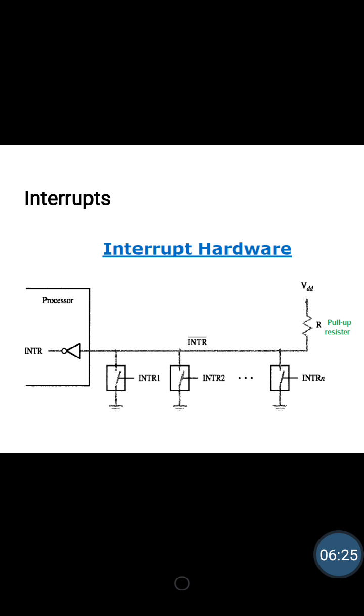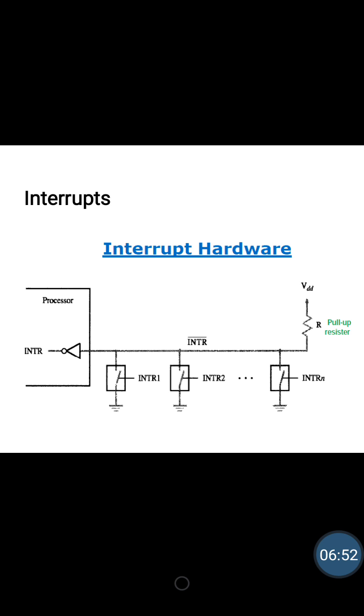Assume we have 10 devices, D1 till D10. All these devices are connected to the INTR line, the interrupt request line, through switches. And this INTR line is connected to VDD through a pull-up resistor.